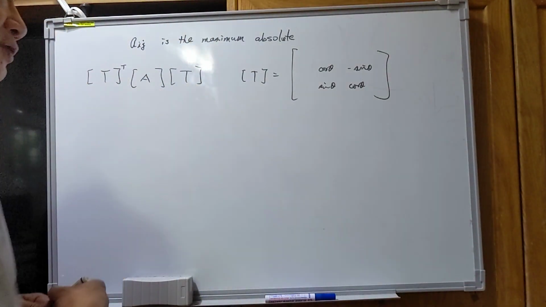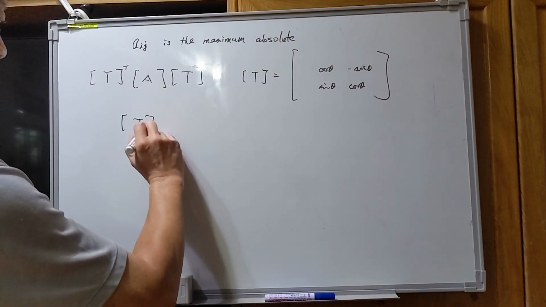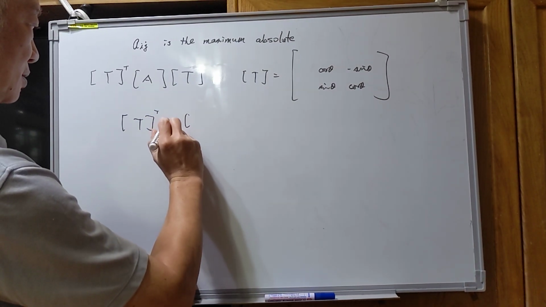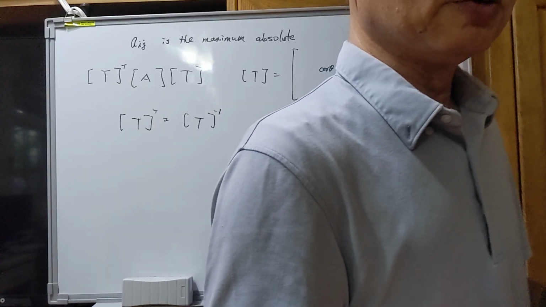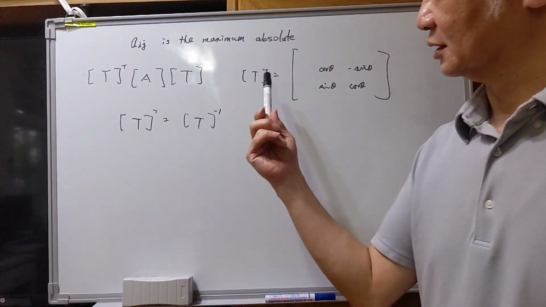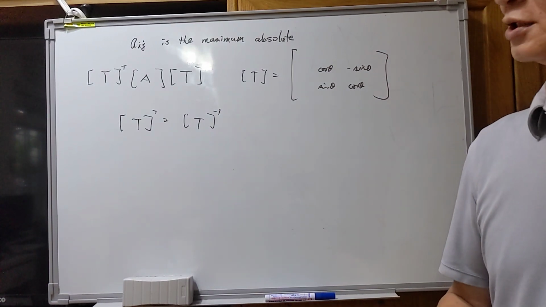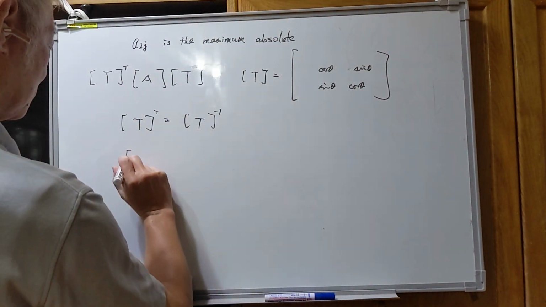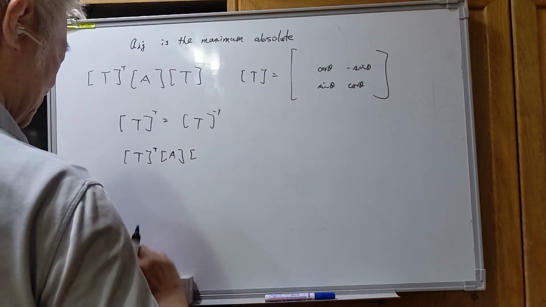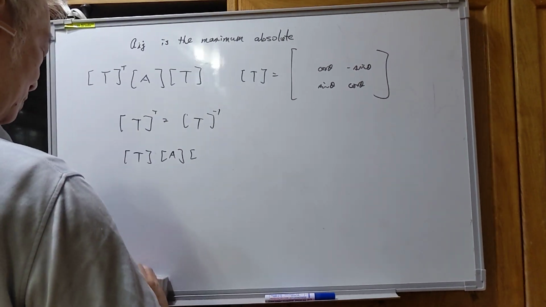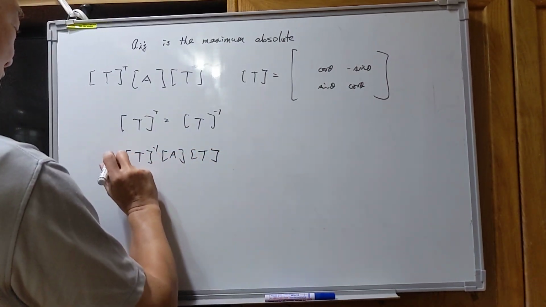Also remember for this rotation matrix, the T transpose is also equal to the T inverse, since it is very easy to prove. The T inverse multiplied by the A and multiplied by the T, we can get a new matrix.